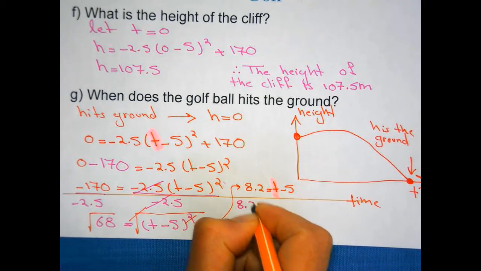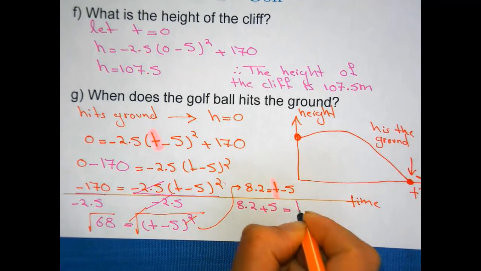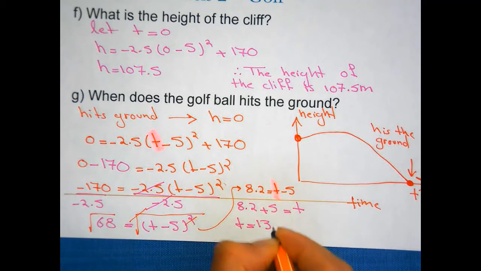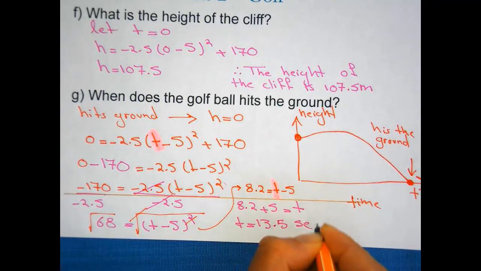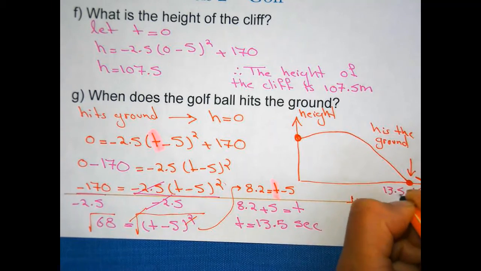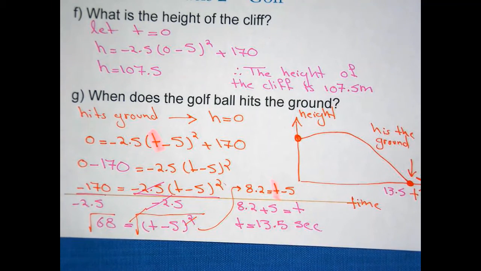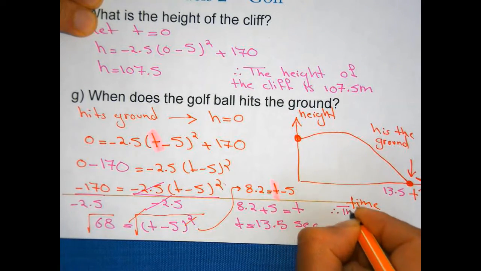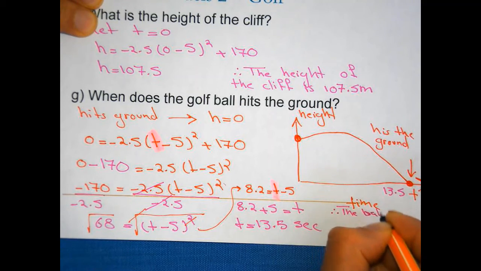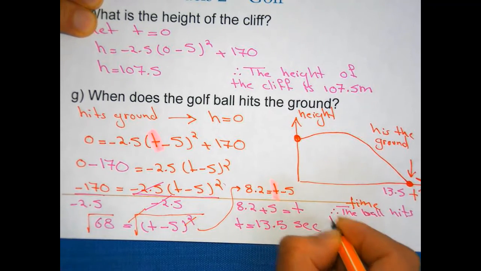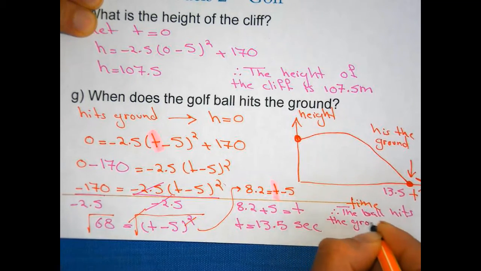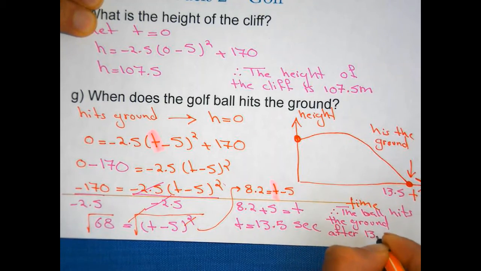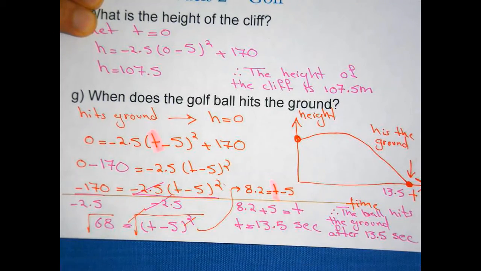So 8.2 plus 5 equals t. So t equals 13.5 seconds. That means the ball hits the ground after 13.5 seconds.